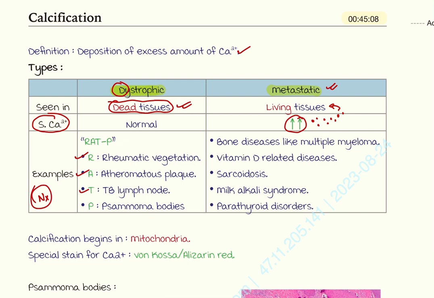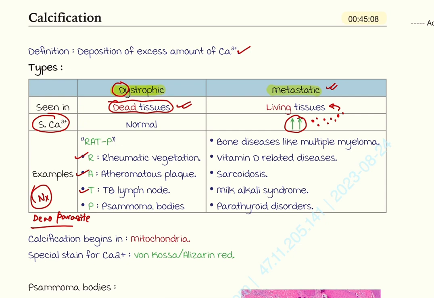So that is also a kind of dystrophic calcification. Even a dead parasite in the biliary tract, okay, will be calcified, and that is because of dystrophic calcification. Obviously you don't have increased calcium or hypercalcemia. You don't need hypercalcemia to deposit calcium in these conditions.